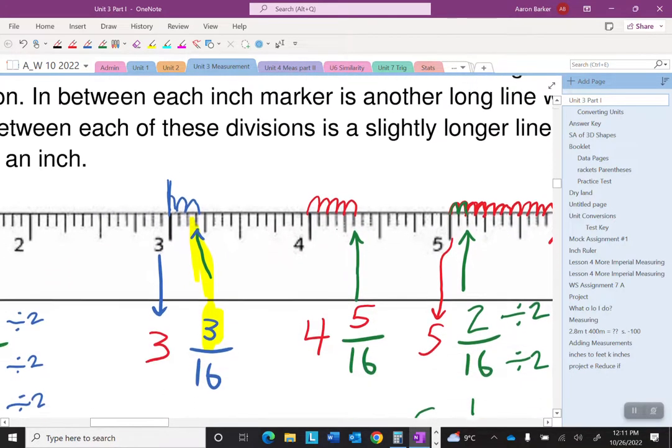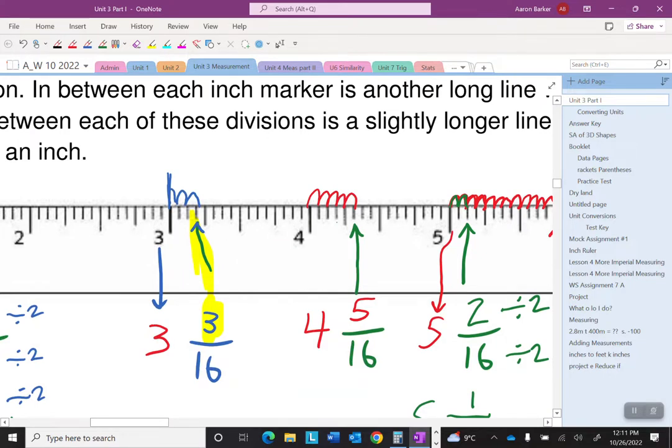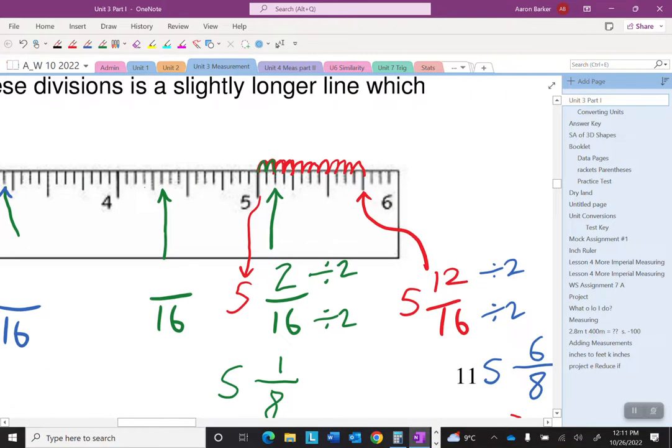So now we're going to practice a little bit. Let me just erase so that you see this fresh.